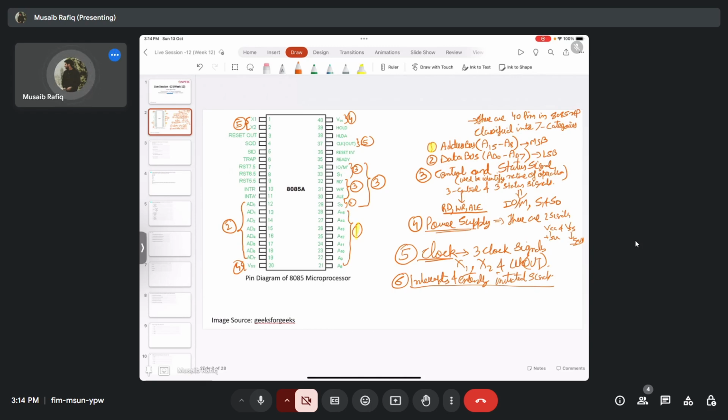Interrupts are signals generated by external devices to request the microprocessor to perform a task. There are 5 interrupt signals. I think we discussed last time also. They are TRAP, RST 7.5, RST 6.5, RST 5.5, and INTR. These are your 5 interrupt signals. Now we'll take a look at each one of them.